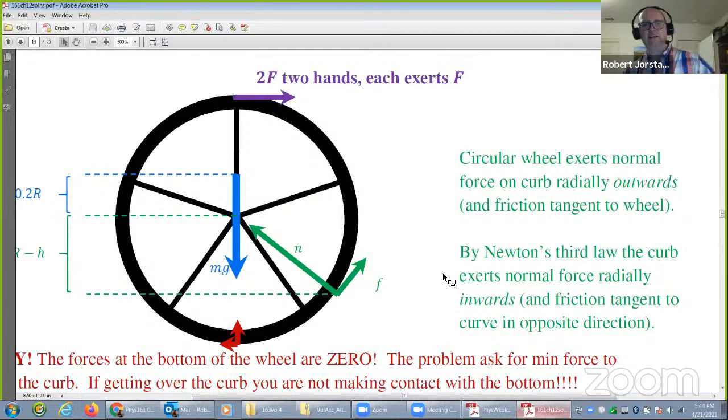What technique do you think you would use for attacking this? Do you think you would use lever arms? Do you think you would use R vectors and R vector cross F vector? Do you think you'd use RF sine theta? Or do you think you'd use R force perpendicular? What do you think you would want to use here if I wanted to do a torque equation?